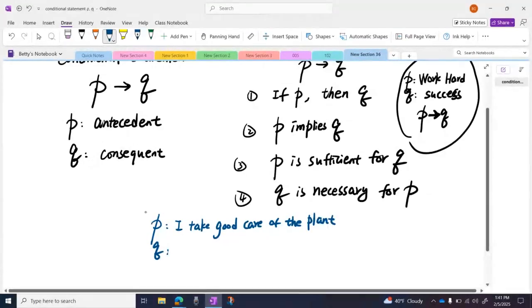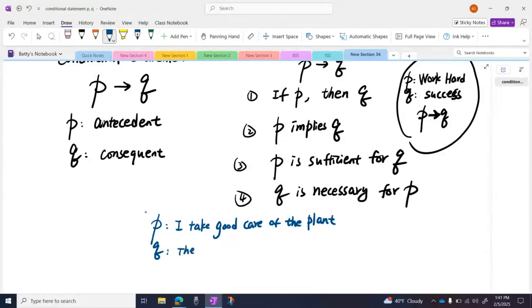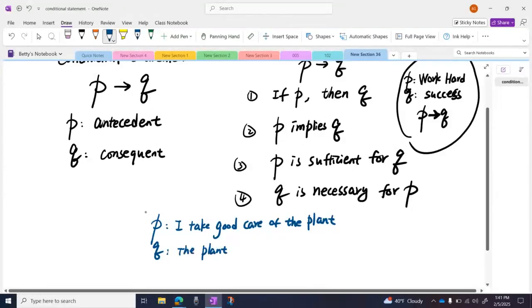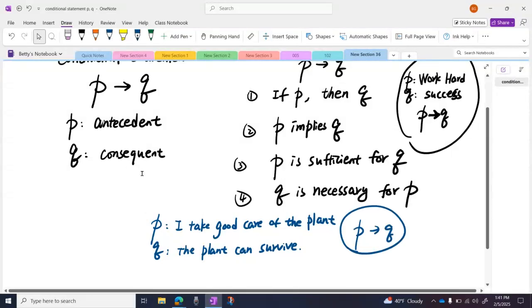Q is the statement "the plant can survive." All right, then we consider P implies Q. We consider this conditional statement.